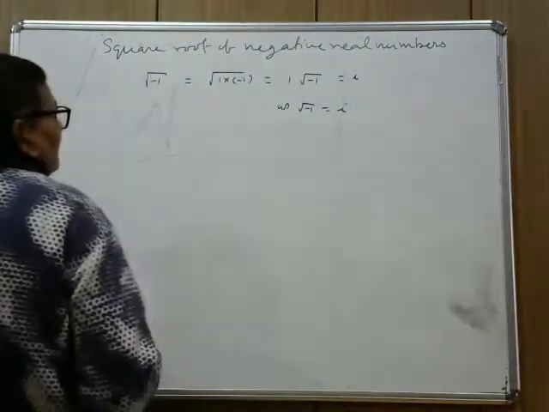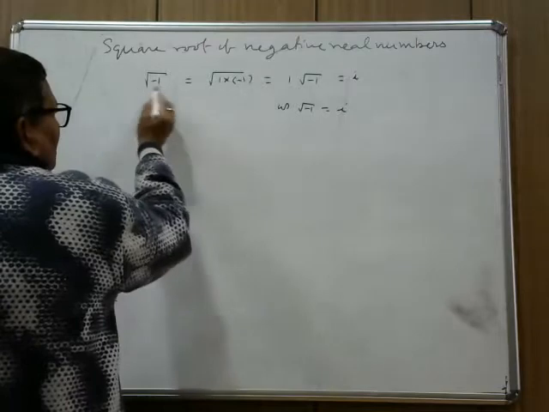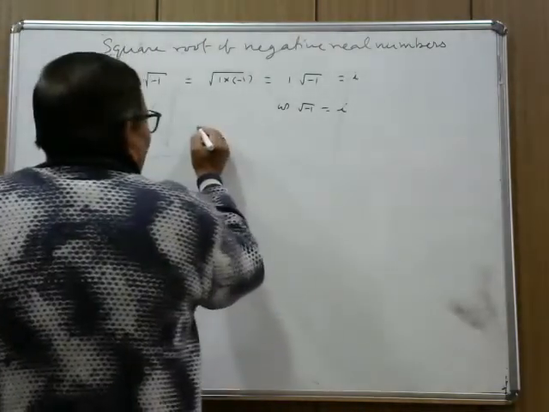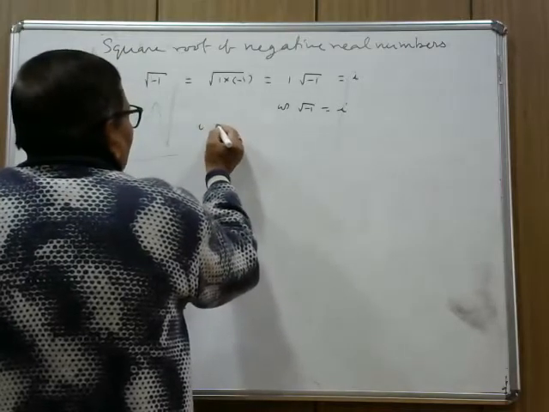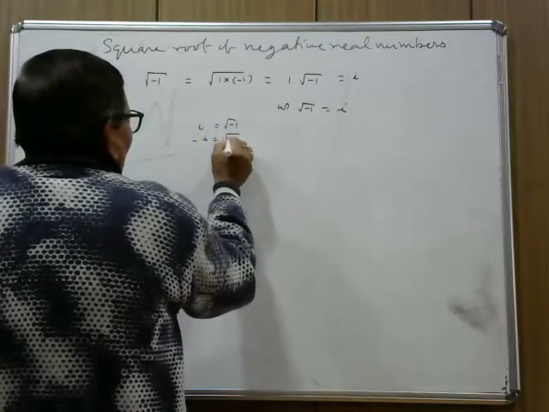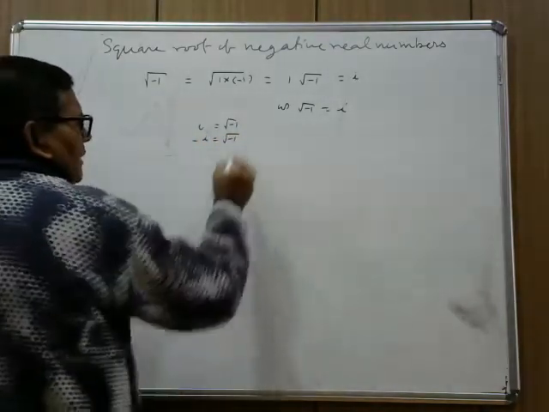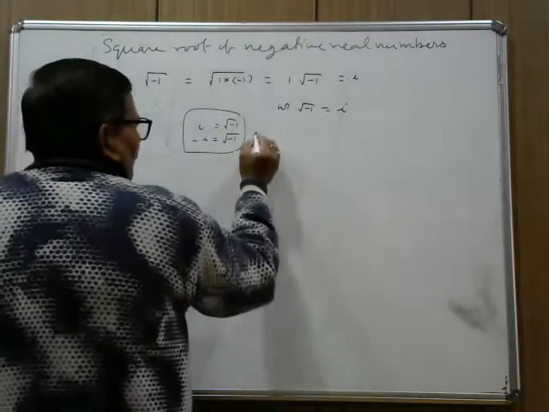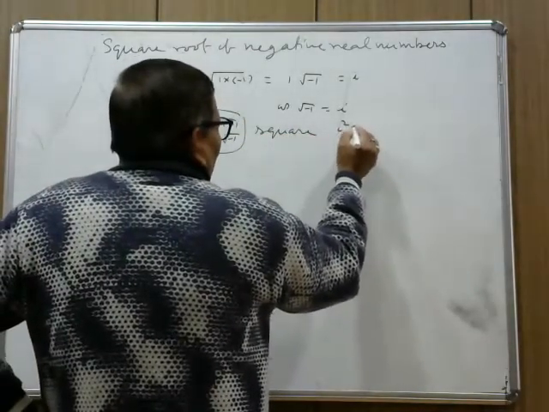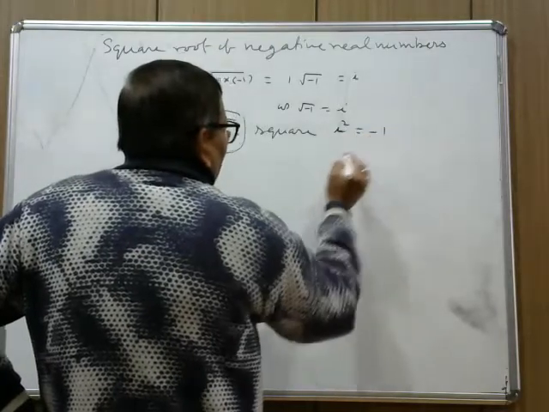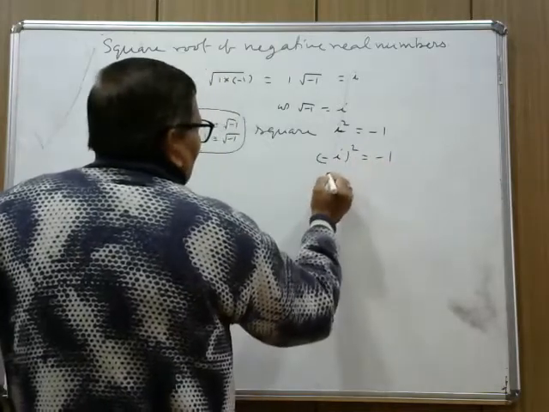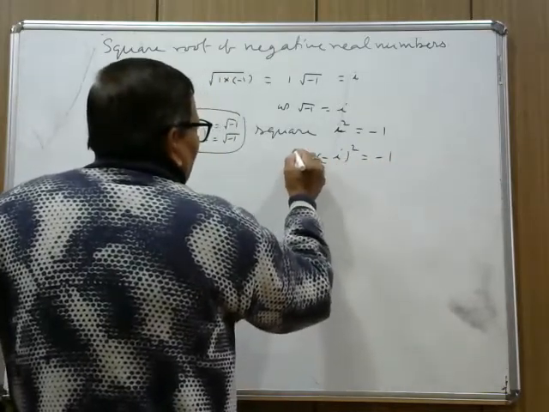Now you see that square root is non-negative. So i is under root minus 1 and minus i is under root minus 1, and when we square both, i square is minus 1 and minus i square is also minus 1, so minus i square is the same as i square.